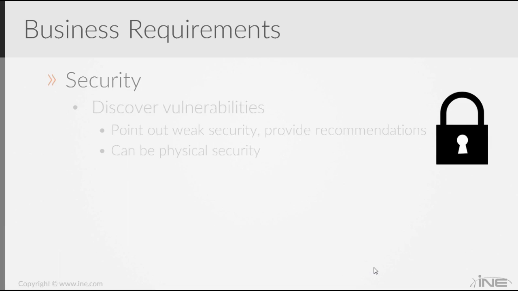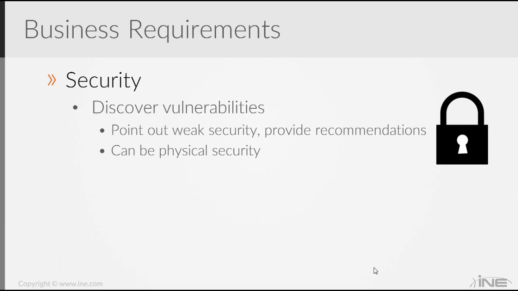Another requirement is the need to point out or discover any existing solution's vulnerabilities. In other words, a business may want to perform an assessment on their existing wireless security solution, and you may be called upon to point out their weak points and provide recommendations on improvements.